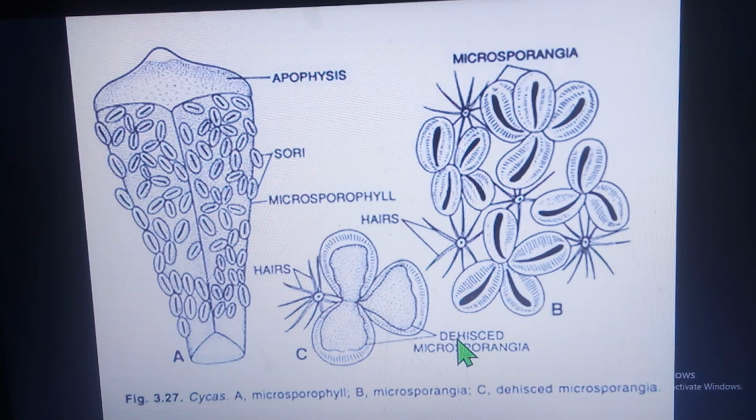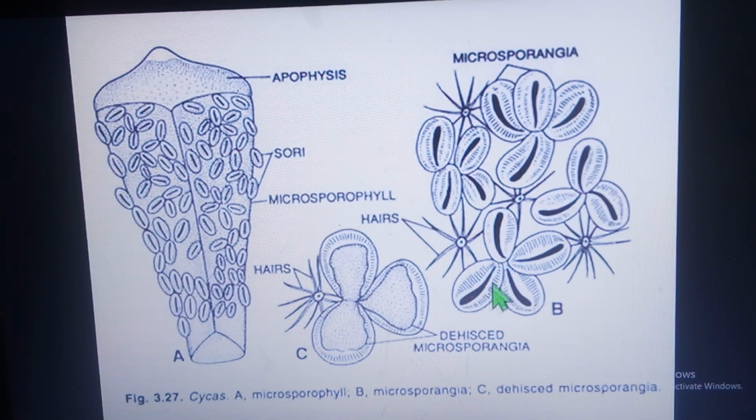The microsporangium encloses a large number of microspores, or pollen grains, inside. All these microsporangia enclose a large number of microspores inside.